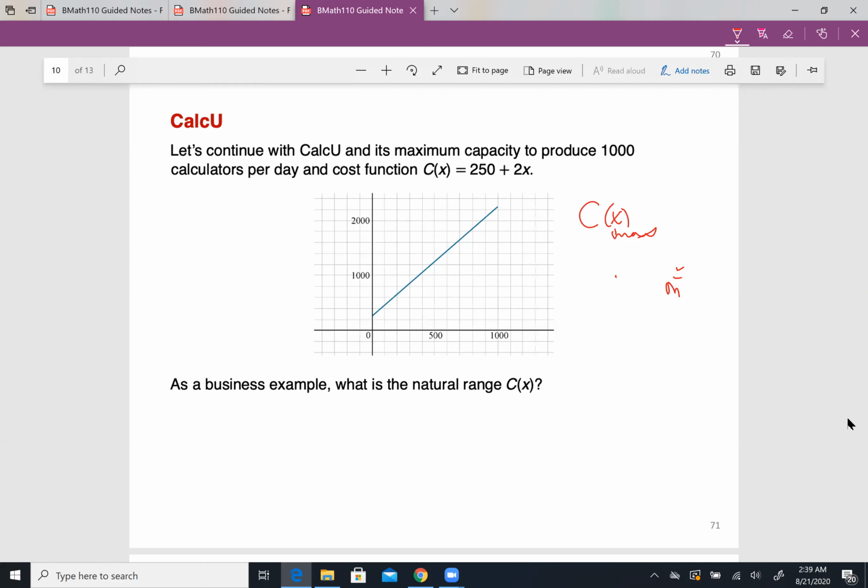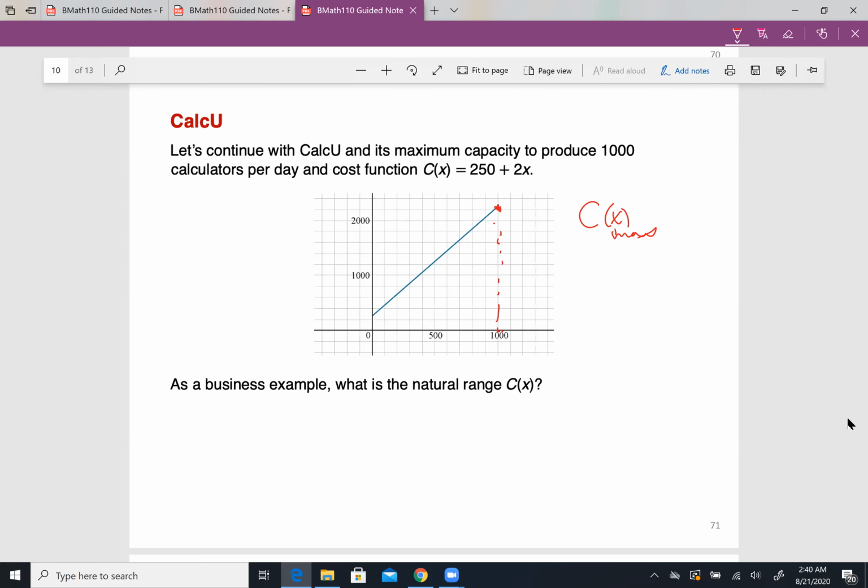Let's start by finding C of x max. In order to find it, you have to check where x max is, which is 1,000.